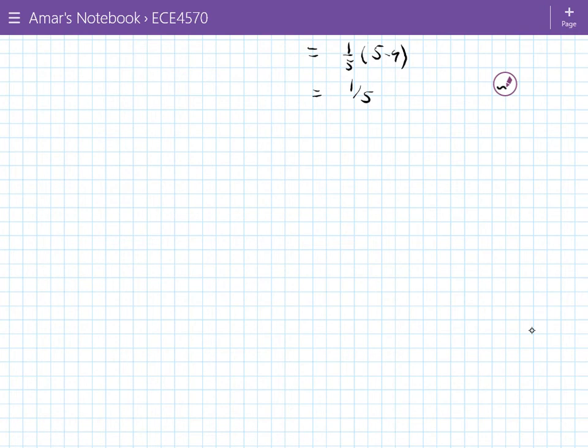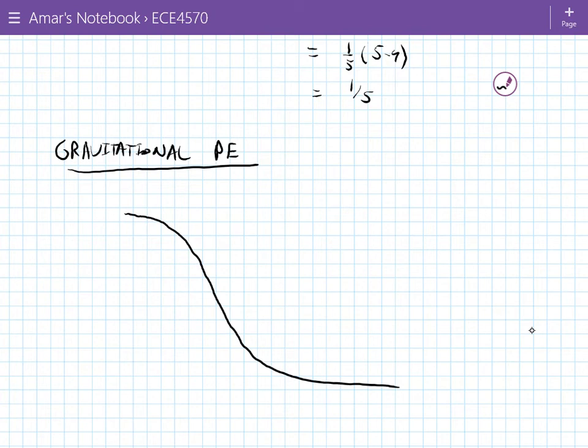Gravitational potential energy. So we have this hill, right? We have this little horrible-looking car there, right?